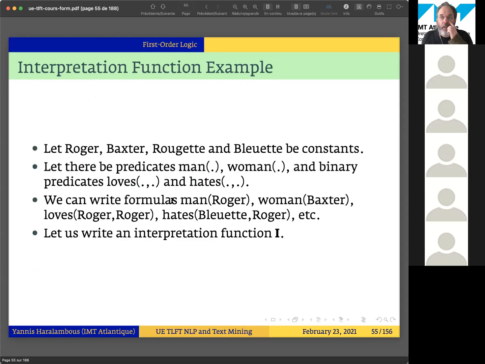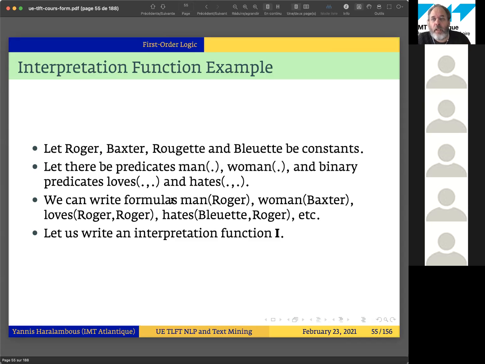And here I will give you an example. You may find it a bit long, but it will give you a better idea of what interpretation is. Imagine I have constants Roger, Baxter, Rougette, Bleuette. Imagine I have predicates man, woman, loves, hates. Man and woman are unary predicates.